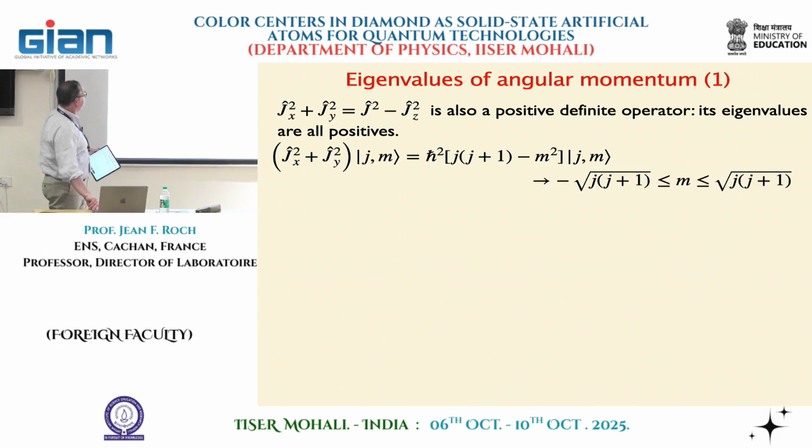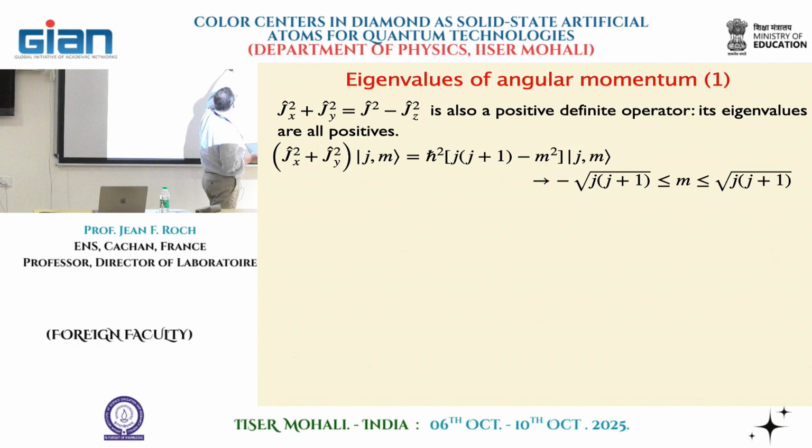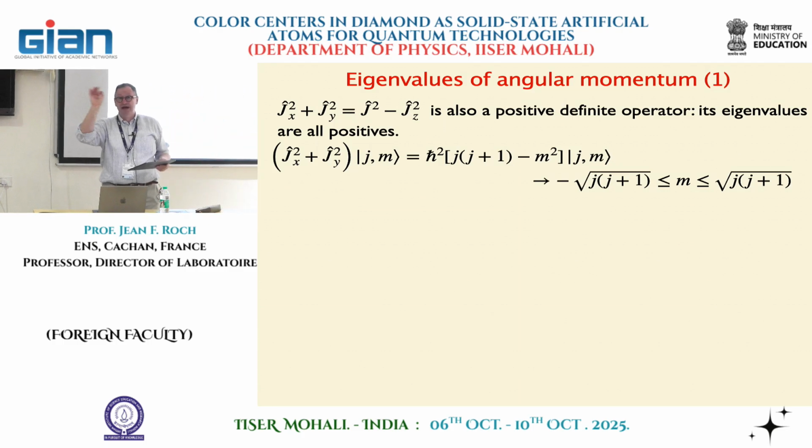Since this is a positive operator, it already puts a constraint on m. m is bounded between a minimum negative value and a maximum positive value, so we have this constraint for the m value.